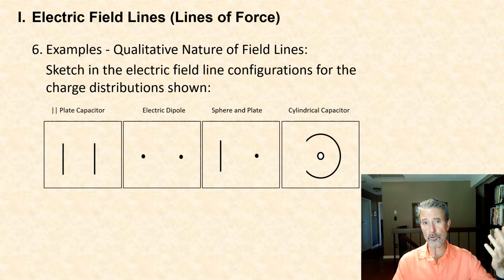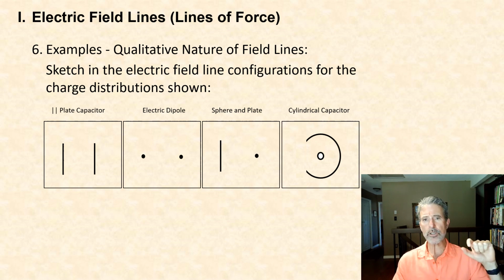So we can infer that in regions where the grains are close together, the field line density is large, suggesting that the field is strong there. Of course, the little plastic grains can't show us anything about the direction of the field. We have to add in the direction of the field lines from our knowledge of which conductor is positively charged and which one is negatively charged.